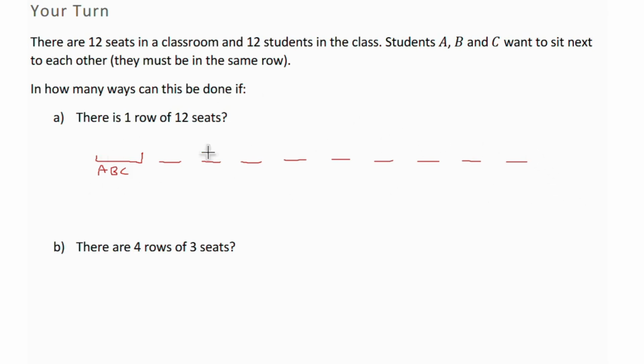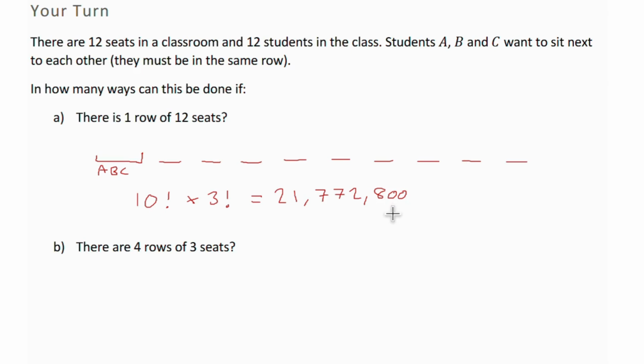So now we have 10 blocks, which means there are 10 factorial ways of arranging those 10 blocks. And then within the ABC block, there are 3 factorial ways of arranging ABC. So it's 10 factorial times 3 factorial, which comes out at 21,772,800 different ways.